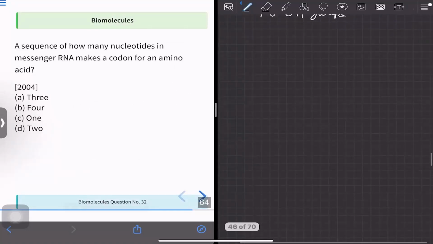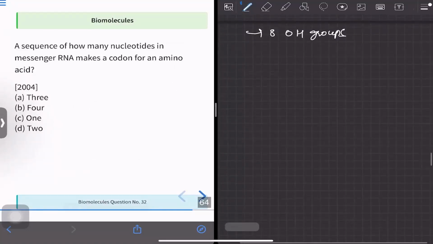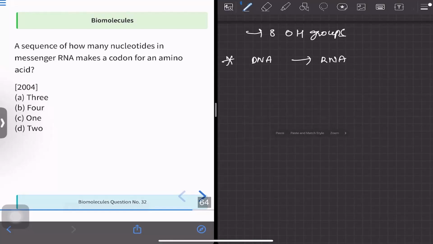Next question. A sequence of how many nucleotides in messenger RNA makes a codon for an amino acid? We all know that DNA is converted to RNA, and the process of conversion of DNA to RNA is known as transcription. When RNA is used to synthesize protein, the conversion of RNA into protein is known as translation.